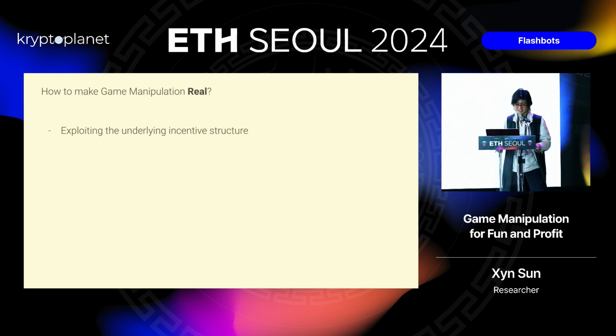The first point, from all of the examples that we saw before, that involve the ultimatum game, the inclusion list, say, MEV-Geth, those game manipulation contracts that run billions of dollars every year, is that you should try to map out everybody's incentives and then exploit the underlying incentive structure, right? Incentive structure is really like this river that just flows through naturally. It's according to, say, the physics of incentive schemes.